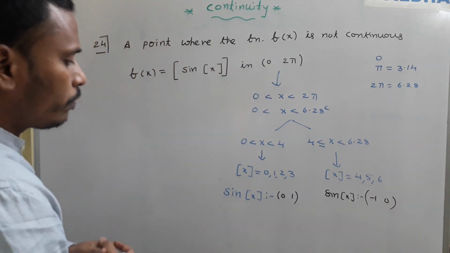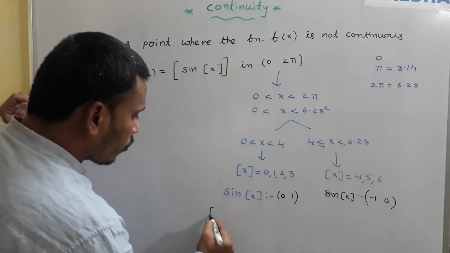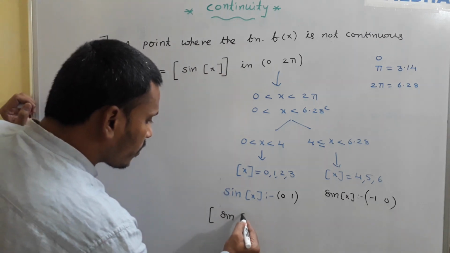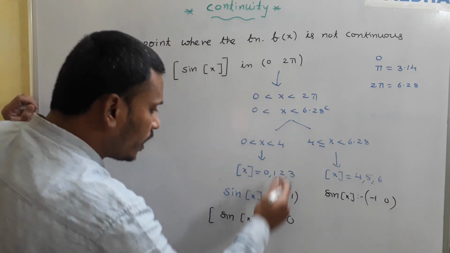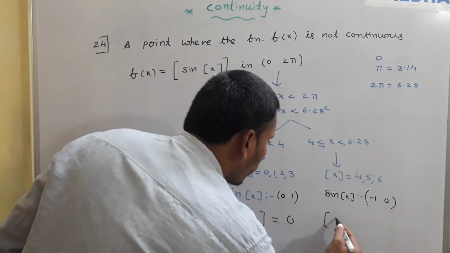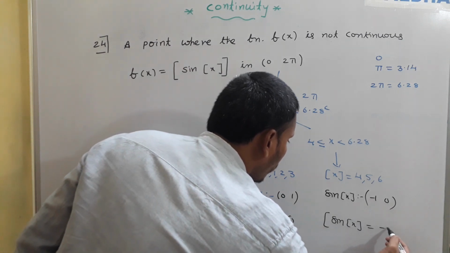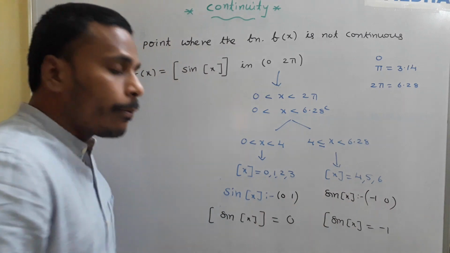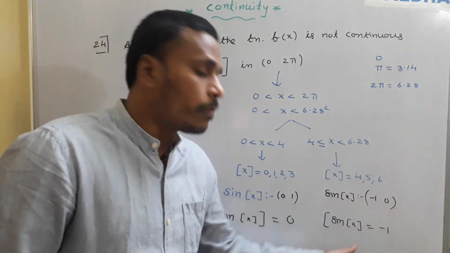Okay, so we need to take the step of sin[x]. So [sin[x]] equals 0 in this case, whereas [sin[x]] equals -1 in this case, because sin[x] is between -1 and 0, so its step value is -1.